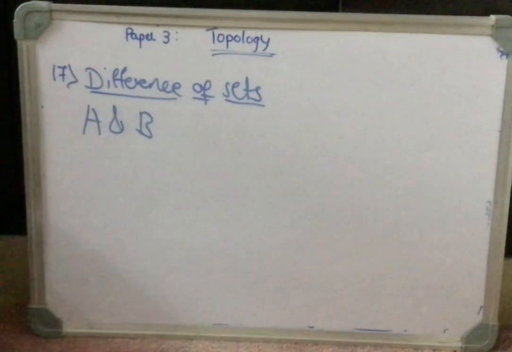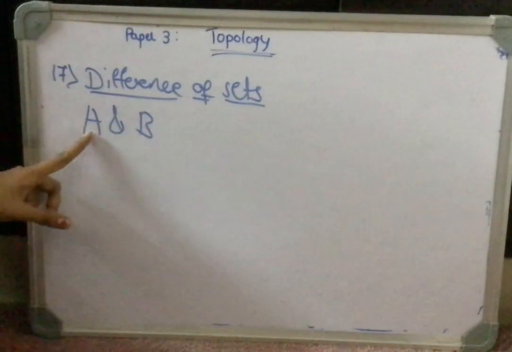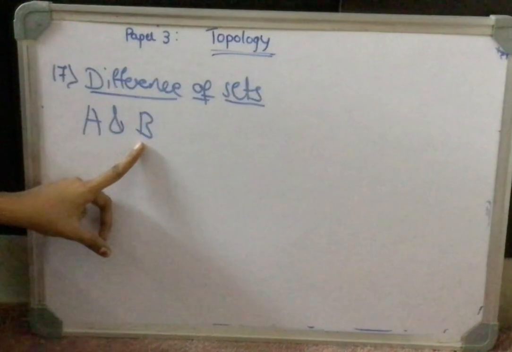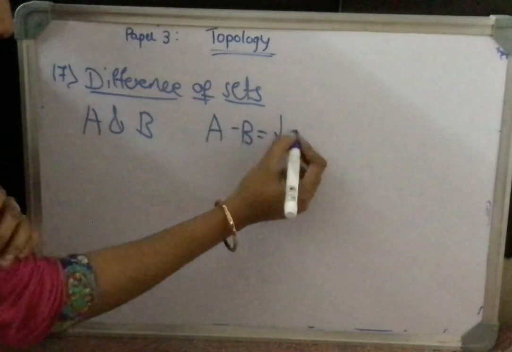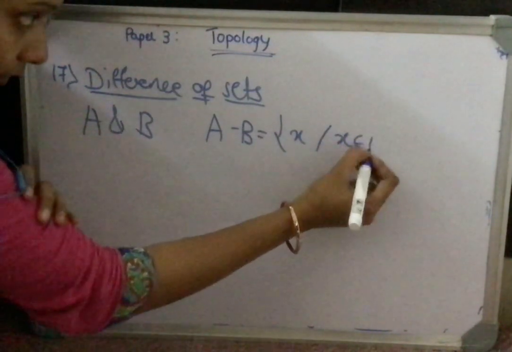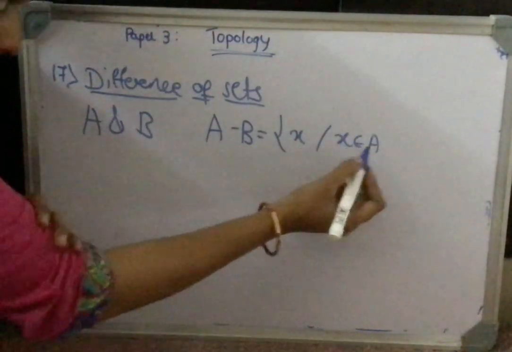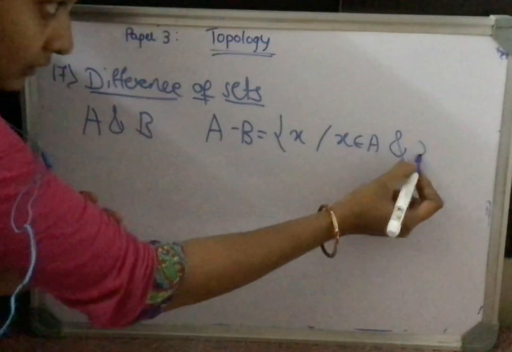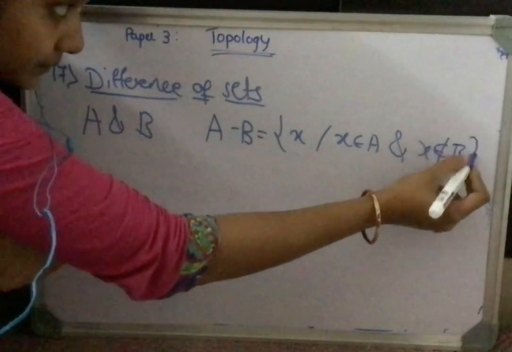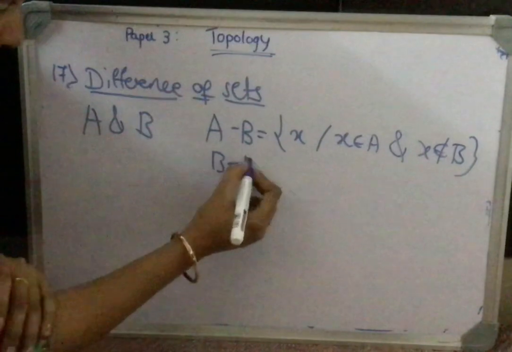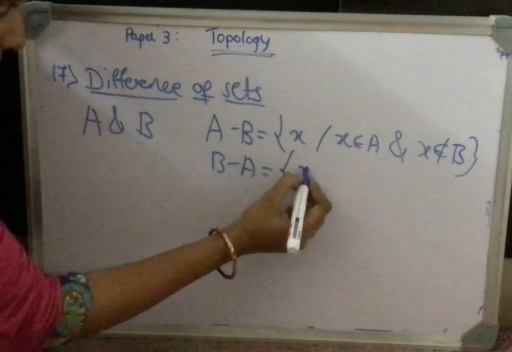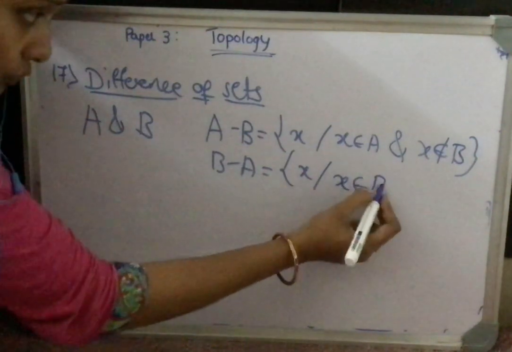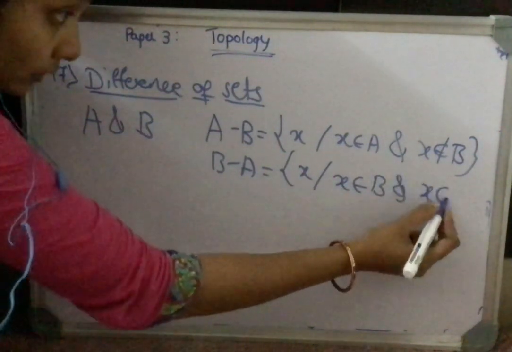The difference of A and B is the set of elements which belong to A but do not belong to B. Okay, denoted by A minus B. So these are the elements such that the elements belong to A and do not belong to B. Similarly, you will have a difference of B minus A also. Okay, B minus A is the set of elements which belong to B but do not belong to A.